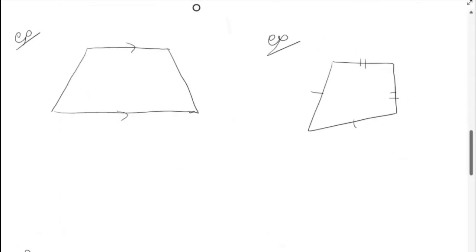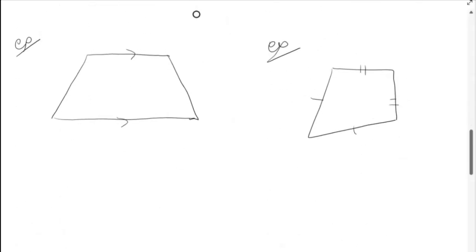All right, next up, we have only one set of parallel sides and no other markings. So a four-sided figure with only one pair of parallel sides is, of course, a trapezoid. All right.